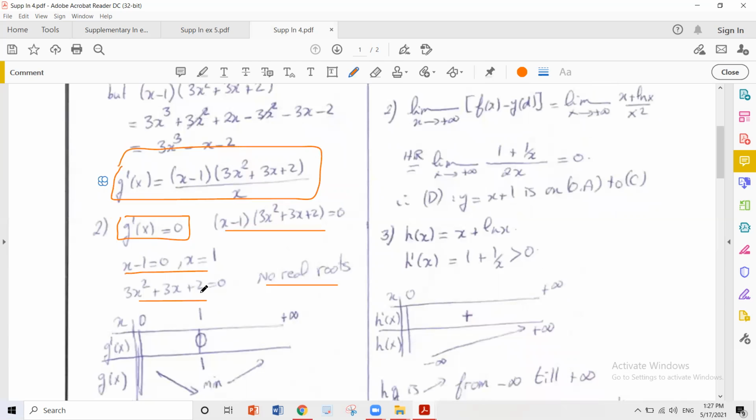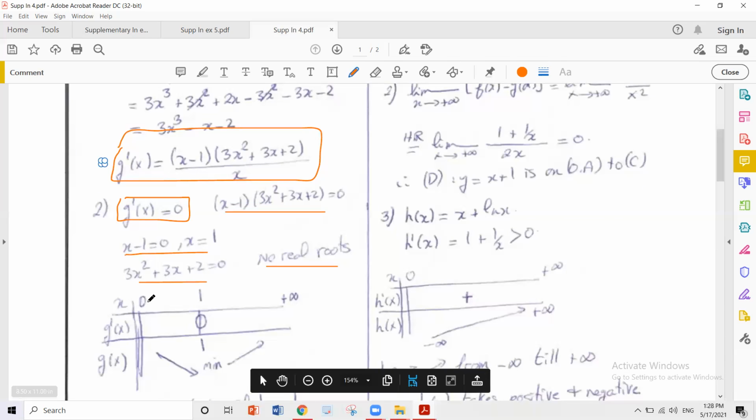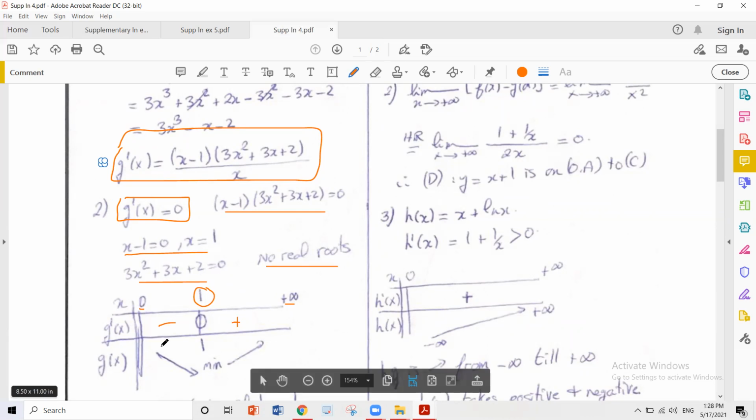So table of variations: we put g prime x, g x, domain 0 plus infinity, and the value of x here is 1. Negative, positive, decreasing, increasing.